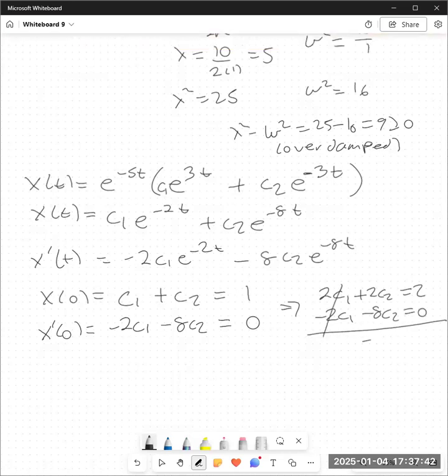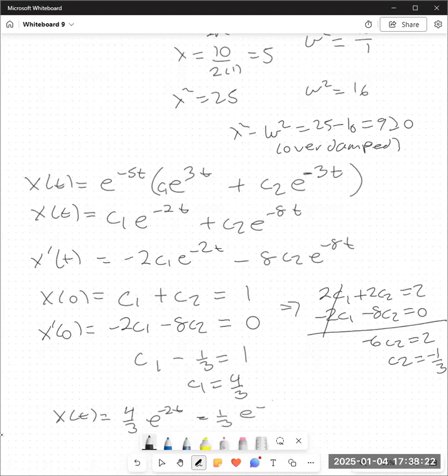I get negative 6c2 is equal to 2, and c2 is equal to negative 1/3. With c2 being negative 1/3, then c1 minus 1/3 is equal to 1, and c1 is equal to 4/3. That gives me x of t as c1 is 4/3 e to the negative 2t, and then c2 is negative 1/3 e to the negative 8t.